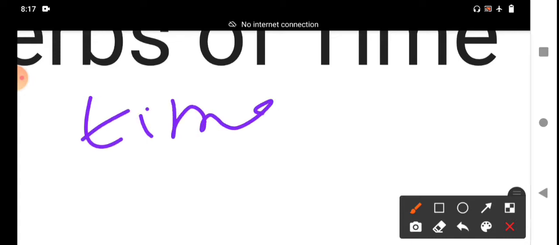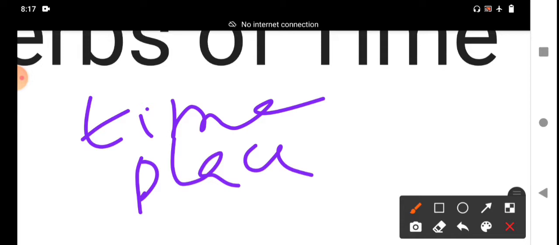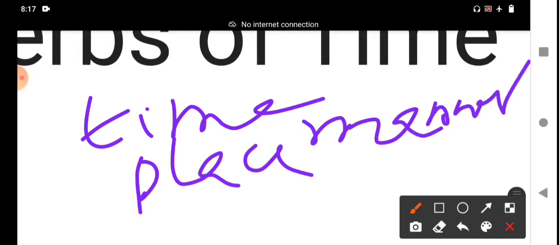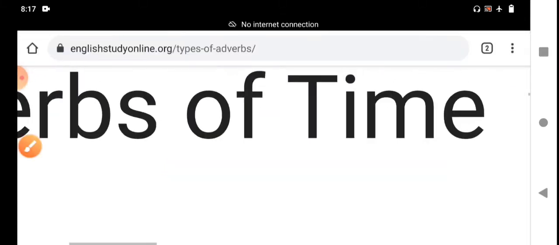Students, understand: adverbs add details regarding time, place, manner, and degree.